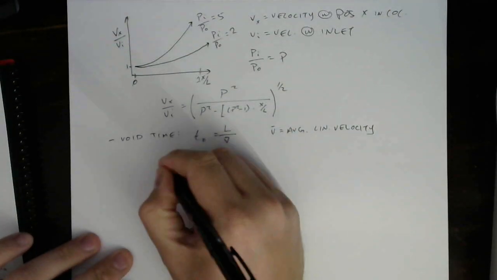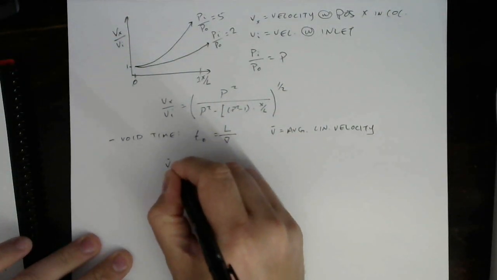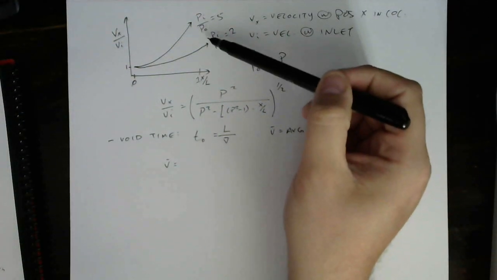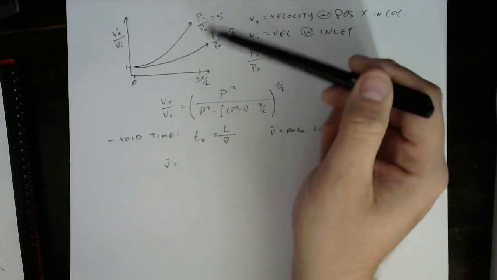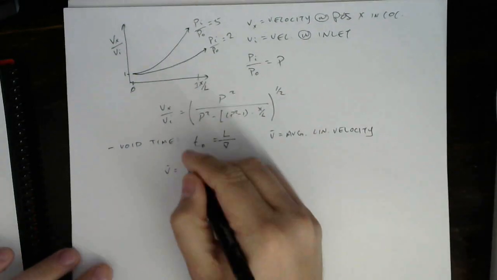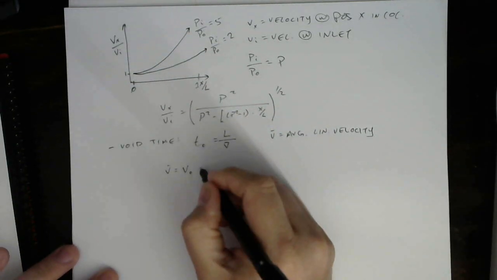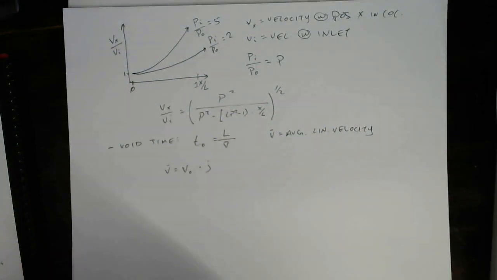So let's say that this average velocity is going to be equal to a velocity that we can measure at the outlet of the column, right? So we measure what volumetric flow rate is coming out of the end of the column, the flow rate at the outlet. We're going to multiply this by some kind of correction factor, right?